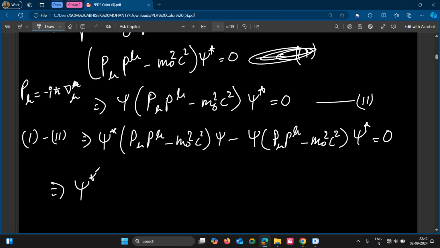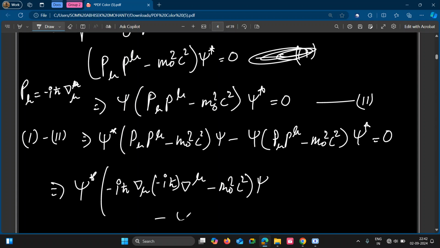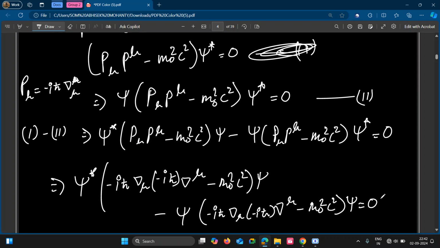So psi star (minus i h cut del mu, and again this one also minus i h cut del mu minus m naught square c square) psi minus psi (minus i h cut del mu, minus i h cut del mu minus m naught square c square) psi star is equal to 0.